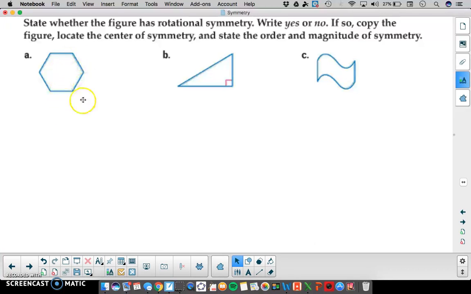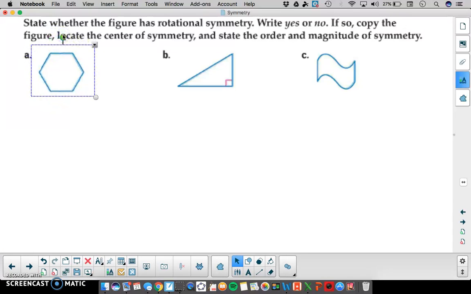We know that if we rotate this figure, we can get it to look like itself again. So as I rotate this figure, it looks like itself here 1 time, 2 times, 3, 4, 5, and we're back to 6.